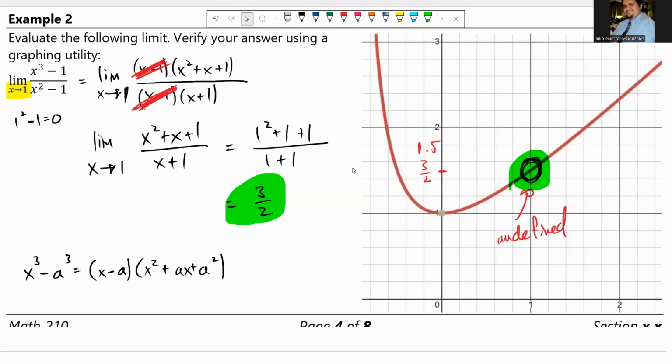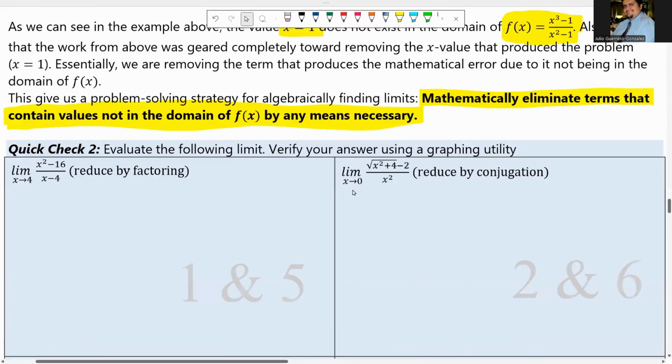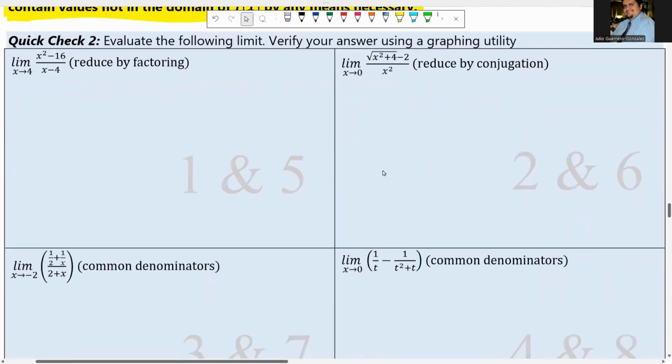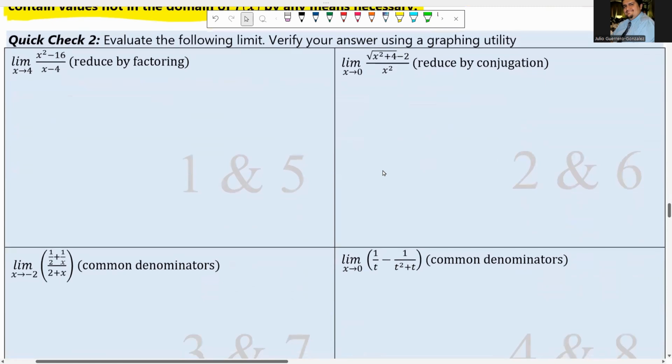So what comes up after this is quick checks. These are some common ones. I'm giving everybody a little bit of a hint as to the technique that we're going to need to solve these.